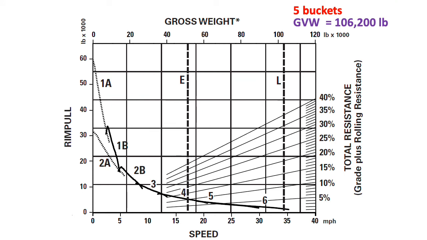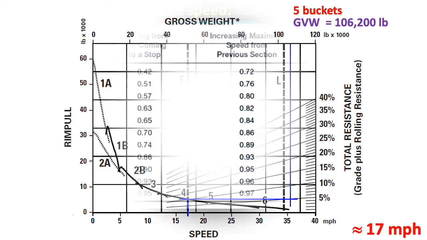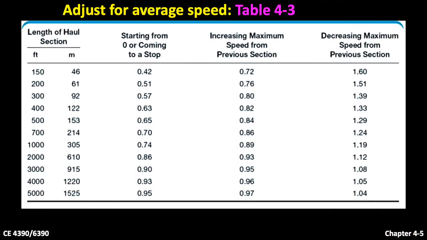The resistance grade is still 5%, and we got a speed of about 17 miles per hour, 1 mile per hour less than the speed with 4 buckets. Remember that the speeds we found are the maximum speeds.